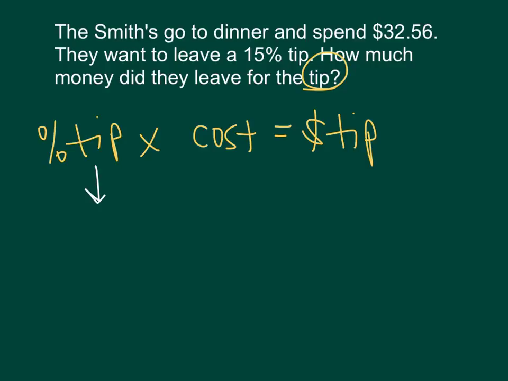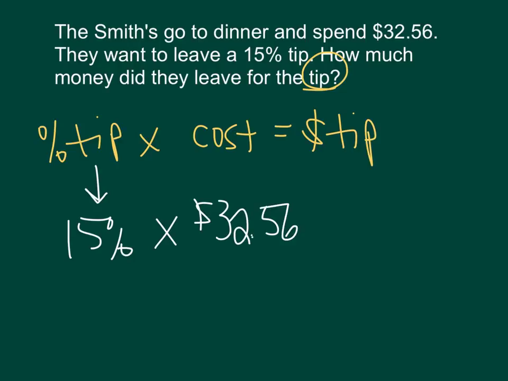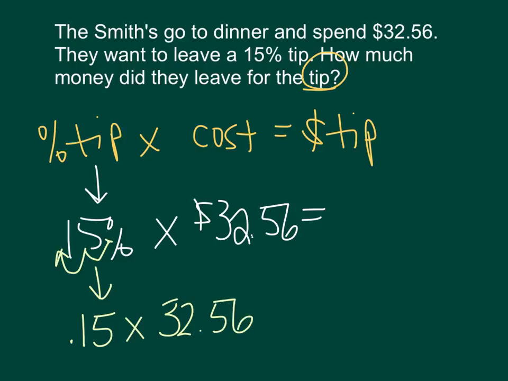So if you go ahead and replace this, you know your percent tip is 15%. You know that your cost is $32.56, and that would get us our money amount for our tip. Once again, we're going to change our 15% into a decimal by moving our decimal point 2 spaces to the left. That will become 0.15 times $32.56.